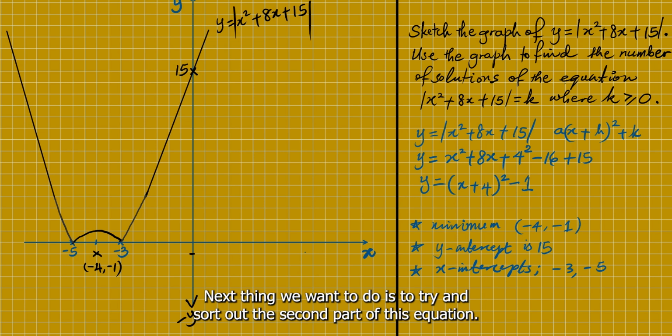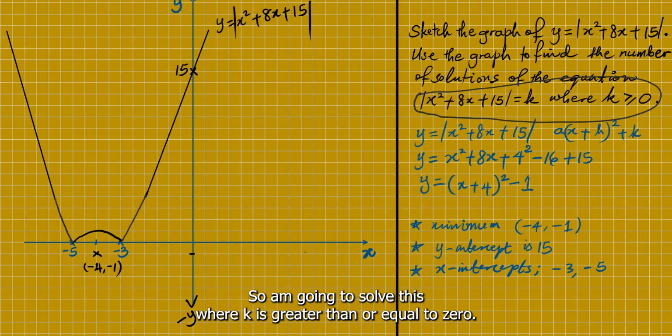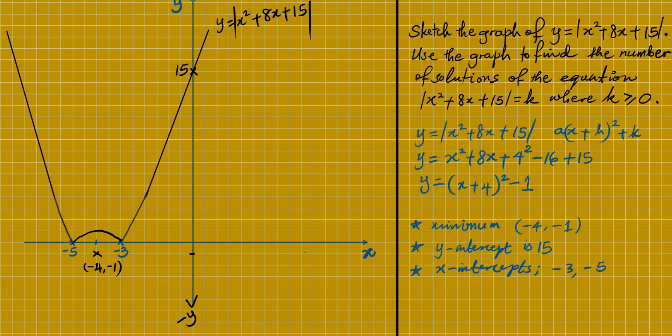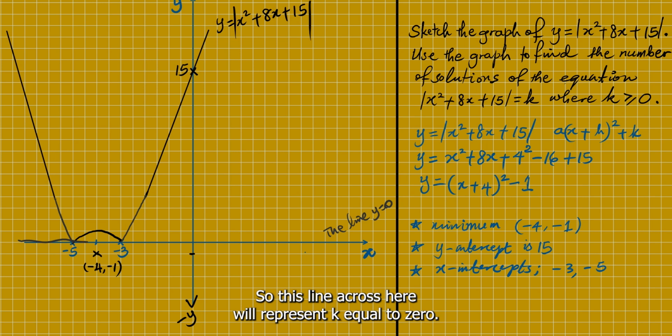Next thing we want to do is to try and sort out the second part of this equation. So we're going to solve this where k is greater than or equal to 0. Remember that k here is just a number, it's a scalar quantity. And we know that if this is the x-axis, then that is also the line y equals 0. So this line across here will represent k equals 0. And this is what I mean.